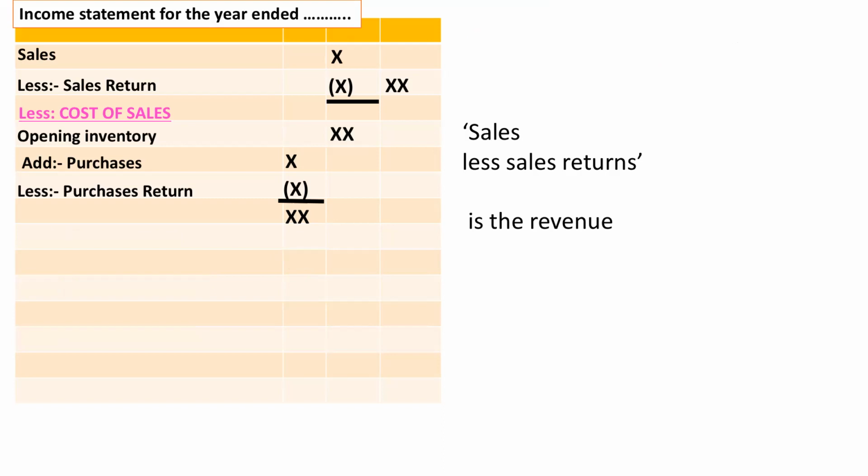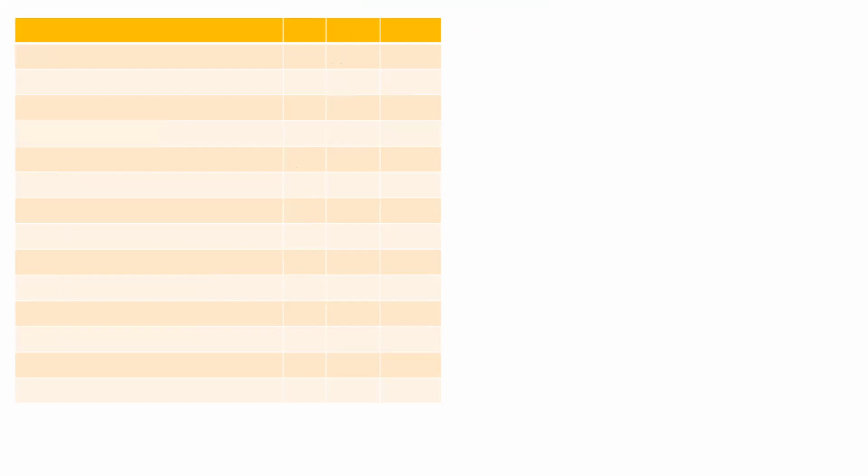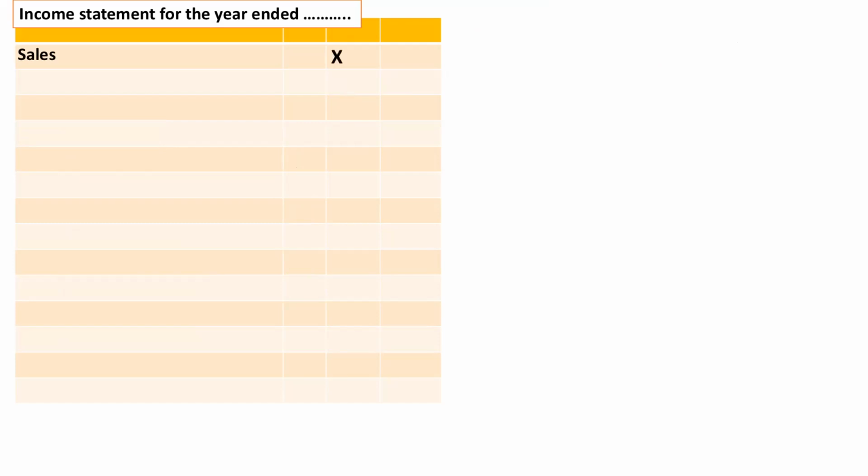Let's recall again the income statement trading section for the business. Income statement is always prepared for the year, so it is income statement for the year ended. We make 3 columns. It starts with revenue. However, revenue you get when you subtract from your sales your sales return.